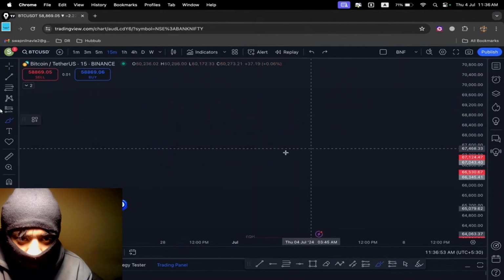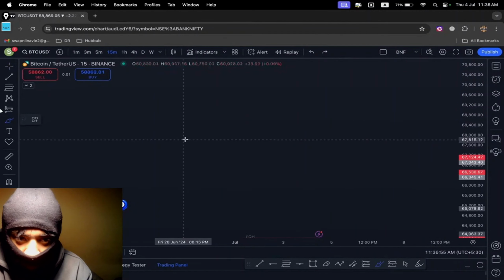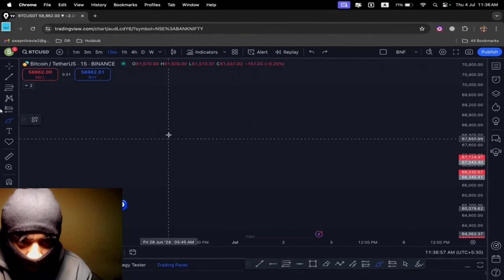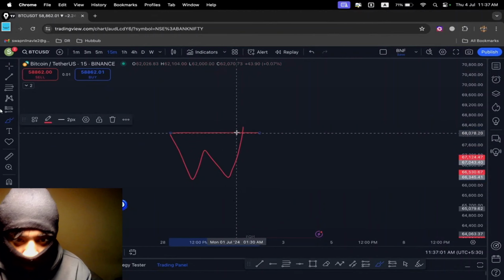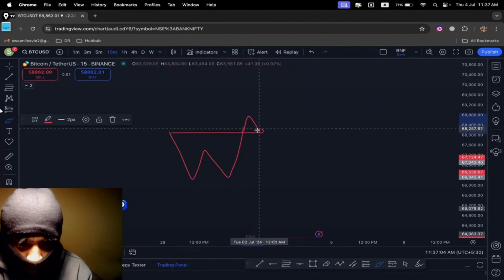In this kind of situation and this kind of place, all the retail traders get trapped, in double pattern, M pattern, head and shoulder, or whichever thing that you are taught.